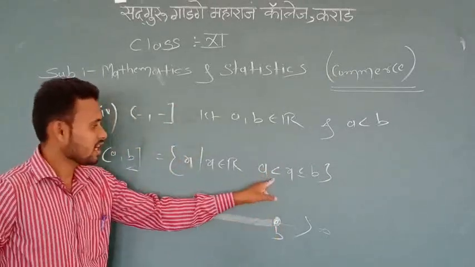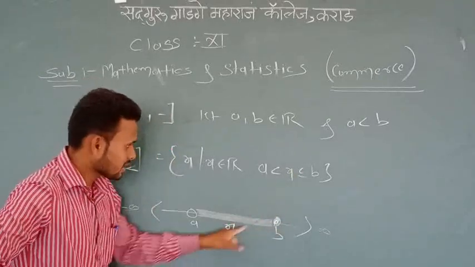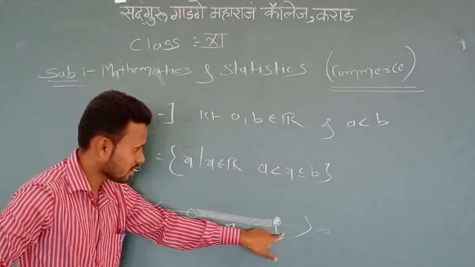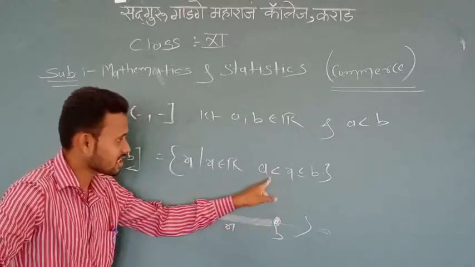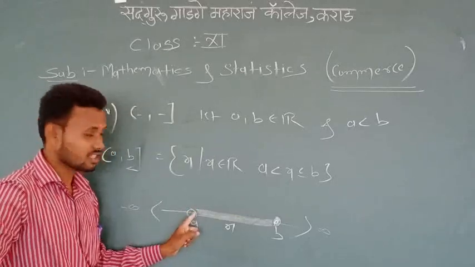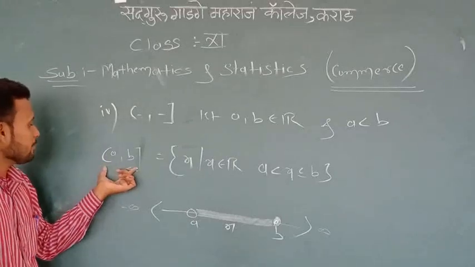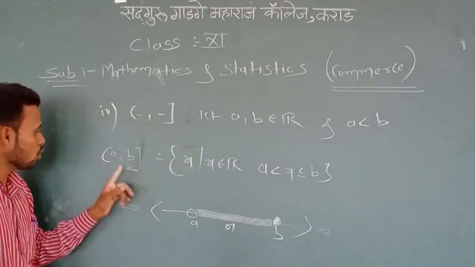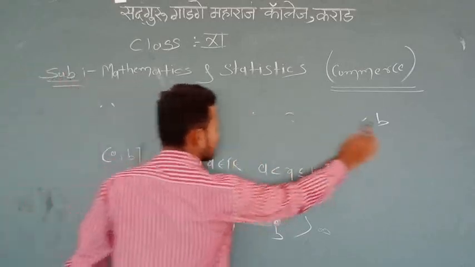Because it is strict, and x is less than or equal to b. Here b less or equal means all points smaller than b, and x strictly greater than a means all points ahead of a. This means a can't be included in that set. This is the semi-open interval ab.